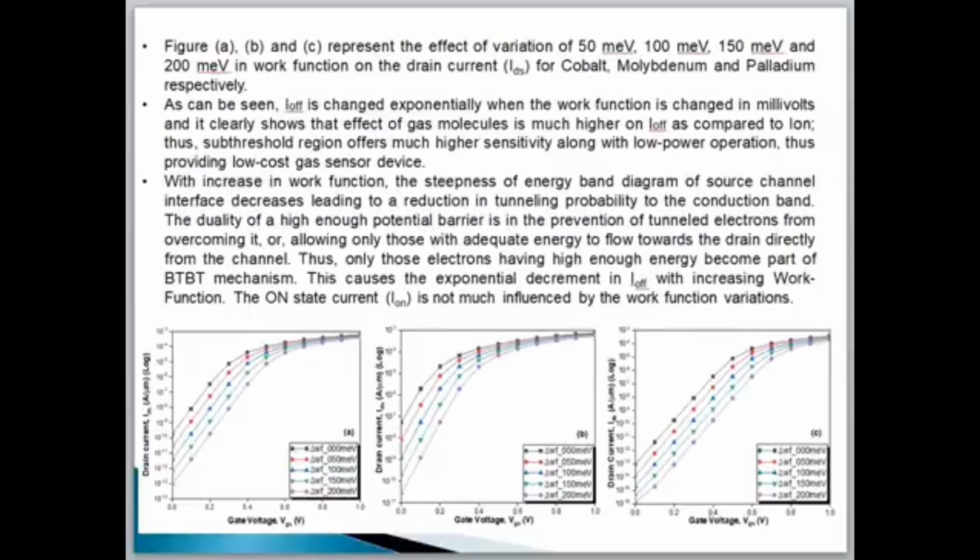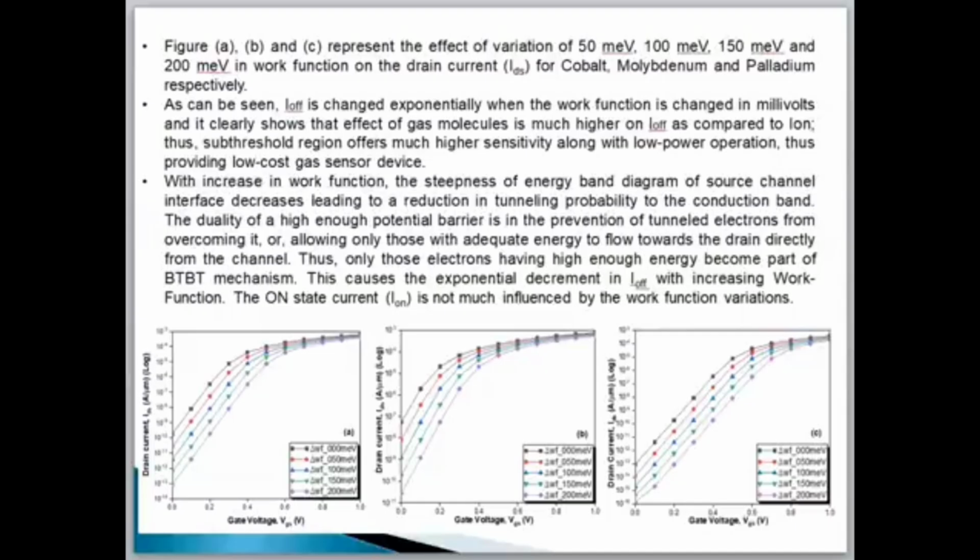As can be seen in the figure, the I off current changes exponentially when the work function is changed in milli electron volts, and it clearly shows that the effect of the gas molecule is much higher on I off as compared to I on. Thus, the subthreshold region offers much higher sensitivity along with low power operation, thus providing a low cost gas sensor device.